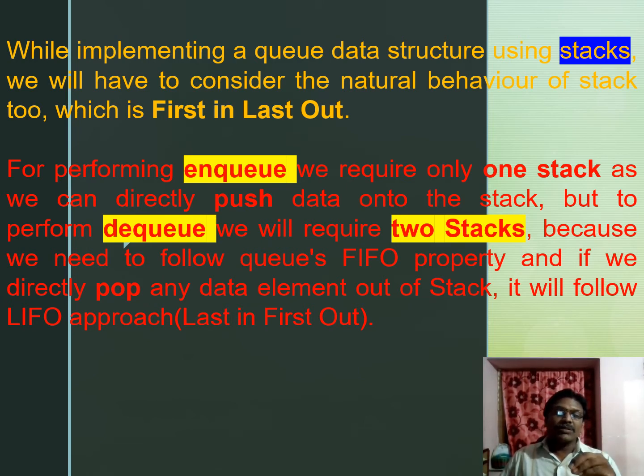Using stacks, the main rule is still first in, first out, but the stack gives last in, first out order. That's why the first stack's elements are moved to the second stack. That's why the dequeue operation uses two stacks.